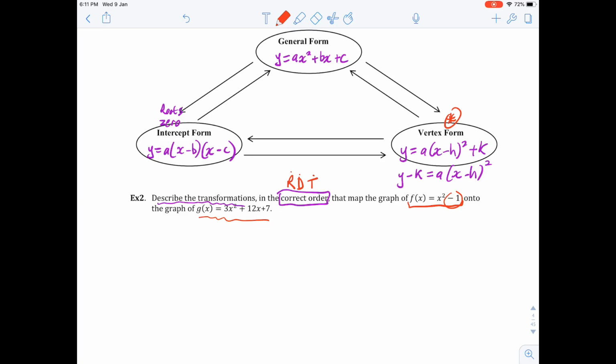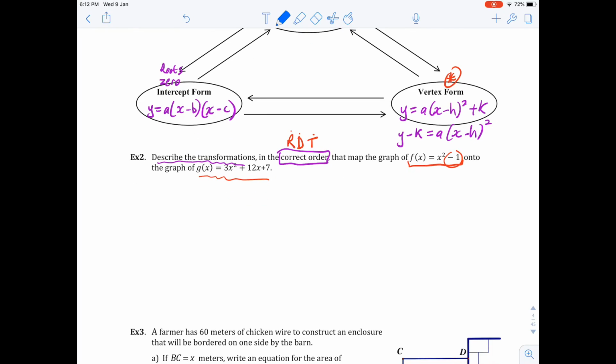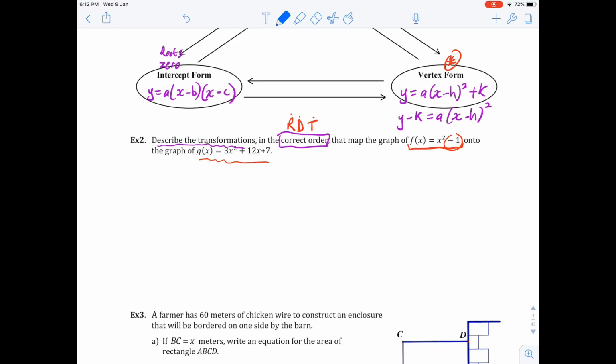The vertex form is the form that allows us most easily to see transformations that have occurred. And so my suggestion at this point would be to pause the video and go ahead and do the completion of the square yourself and see if you can do those transformations. Either that or do it while I do it, as opposed to just being passive and copying down what you're seeing.